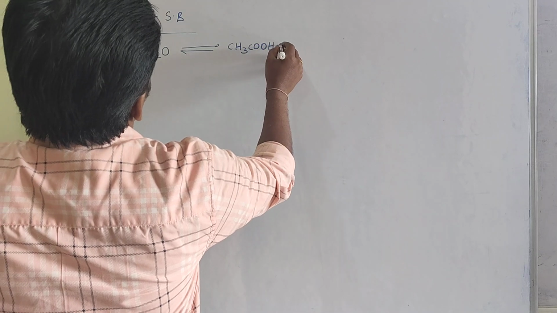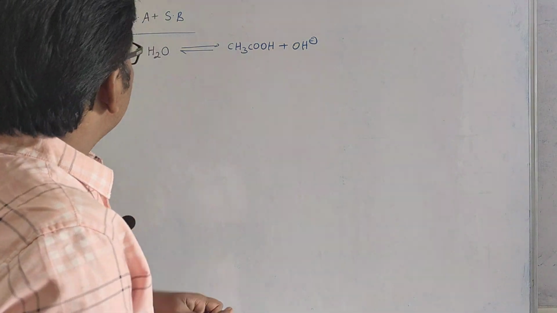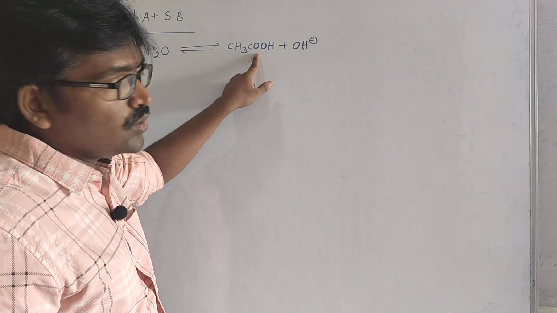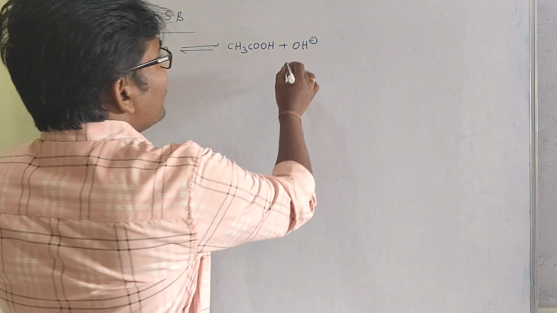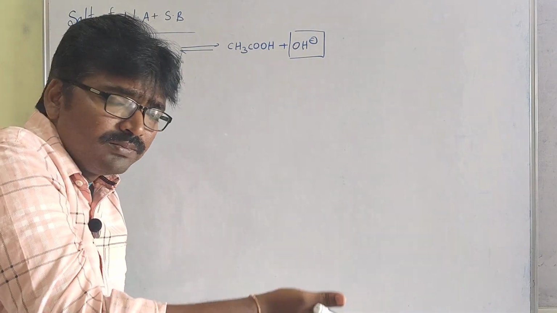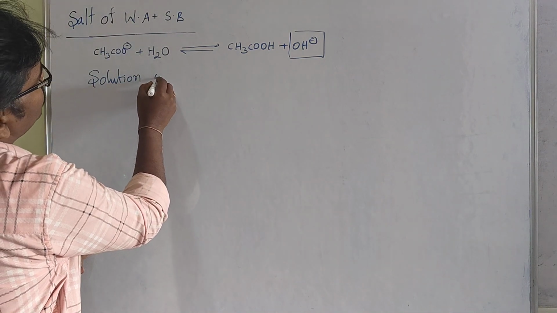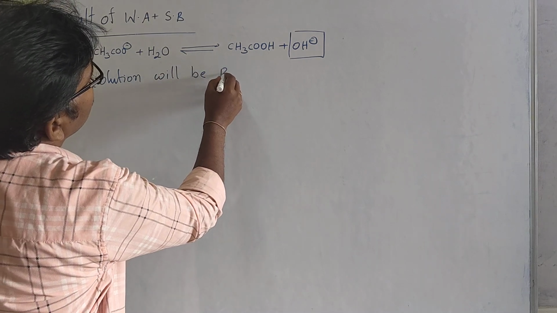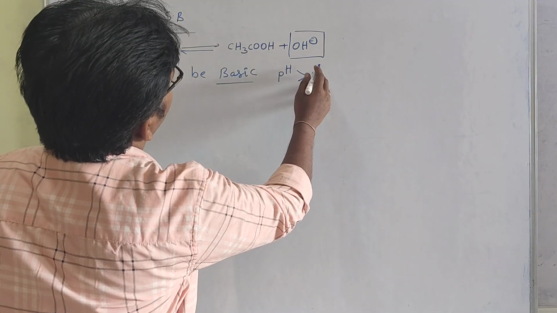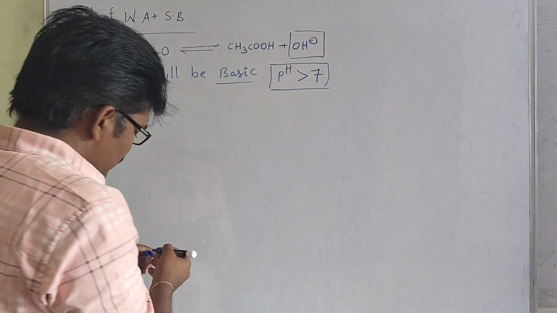CH3COOH is formed, plus OH minus ions are formed, right? So when the weak part of the salt reacts with water, a weak acid forms and OH minus ions are produced. That means the OH minus ion concentration becomes more in the solution, so the solution will be basic in nature. That means the pH value is greater than 7. Exactly, pH value is greater than 7.